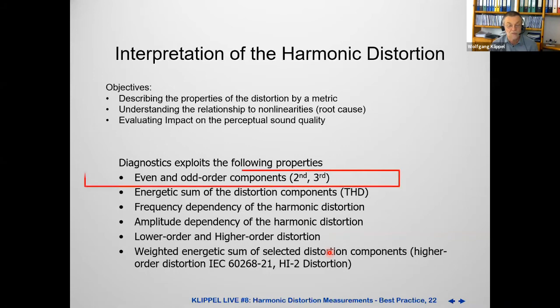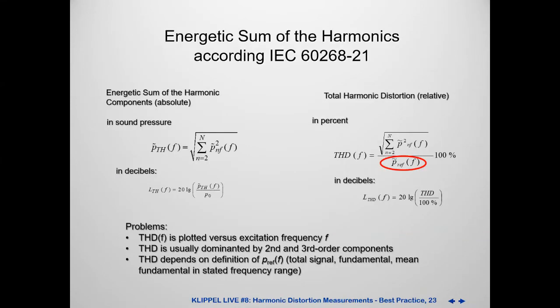Let's start here with the even and odd order distortion. Here on the right side, you see the total harmonic distortion relative. That means we have summed up the distortion, identical to the left side, but we have divided that by a reference quantity.